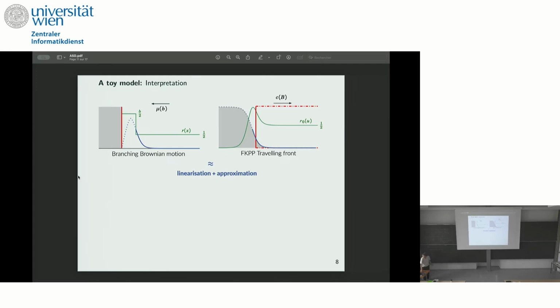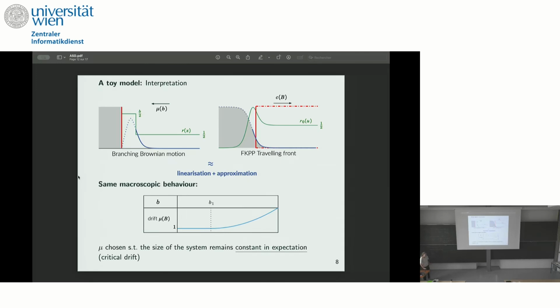This is the interpretation of the model. We can also show that it's a good candidate for a toy model because it exhibits the same macroscopic behavior as FKPP fronts.